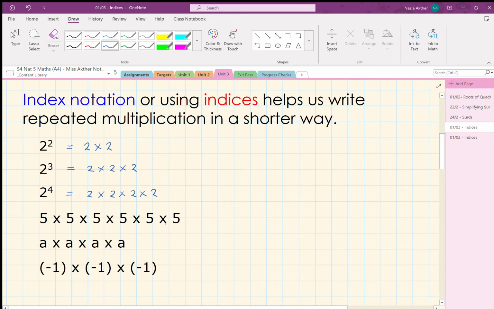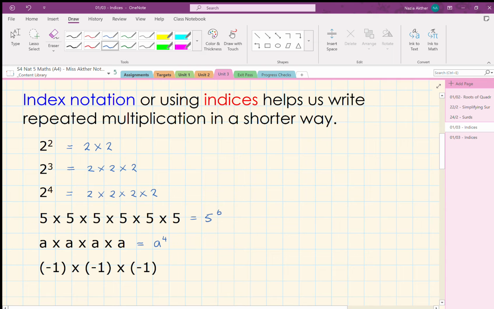So 6 5s are being multiplied together, and a shorter way of writing that is 5 to the power of 6. Then we've got a times a times a times a. We've got 4 a's here, so a shorthand way of writing that is a to the power of 4.